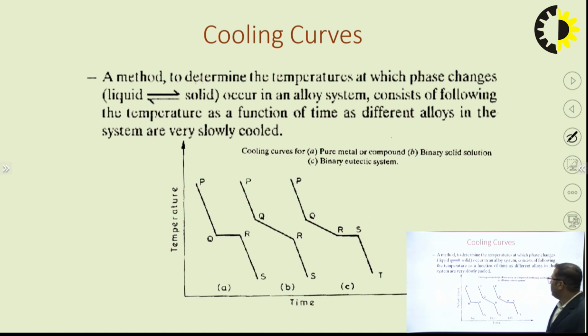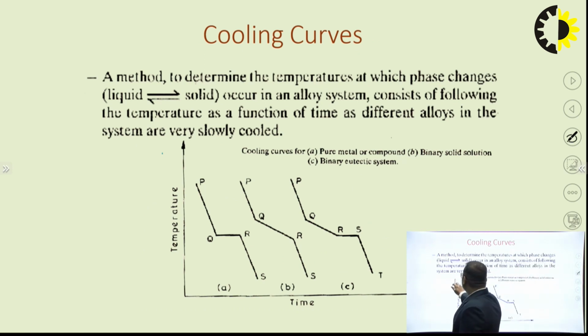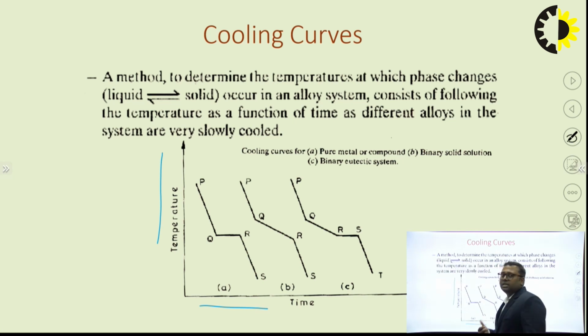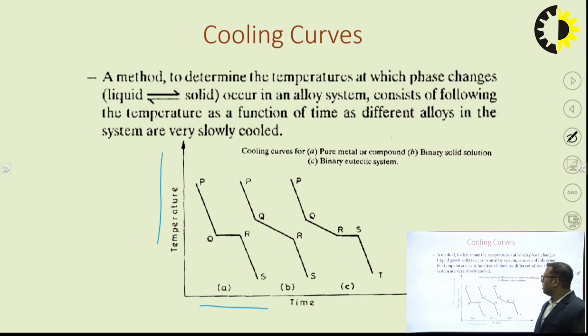Then this is the cooling curve. A cooling curve is drawn between the temperature axis and the time axis, and it is a method to determine the temperature at which the phase change occurs from liquid to solid in any alloying system. You can see how the temperature varies with respect to time for pure metals, for binary solid solutions, or for binary eutectic systems.